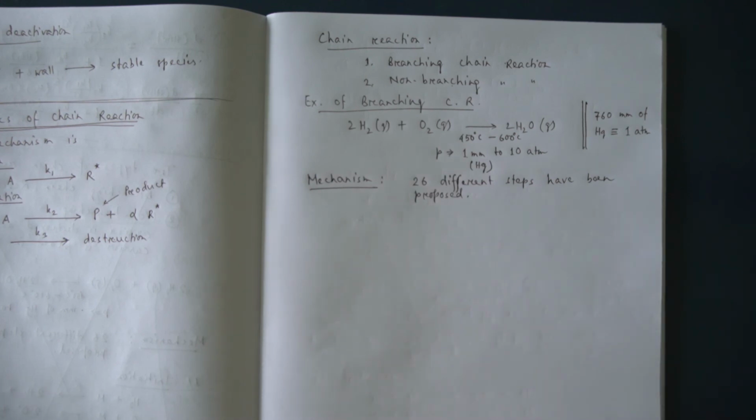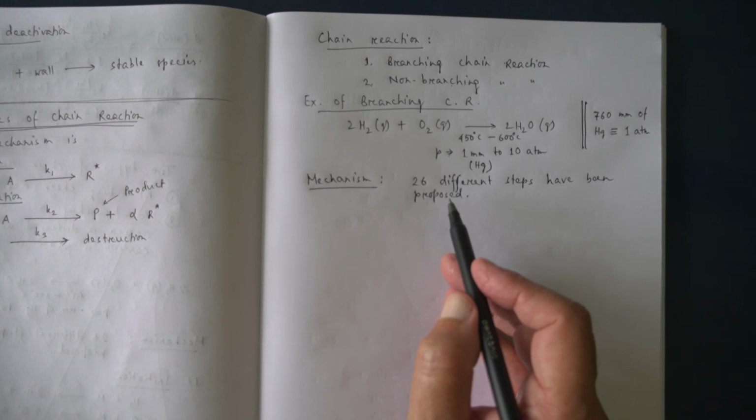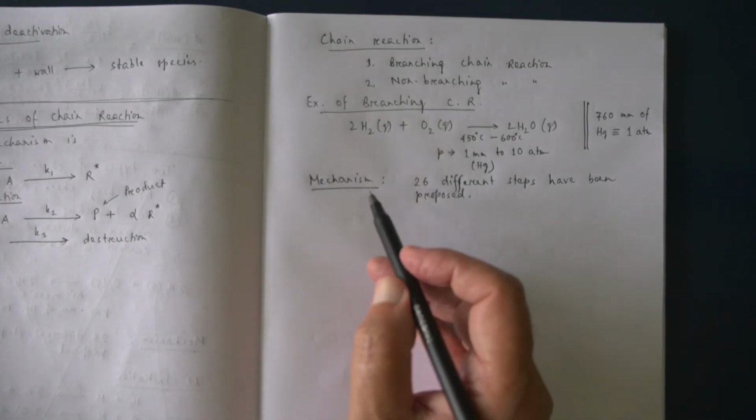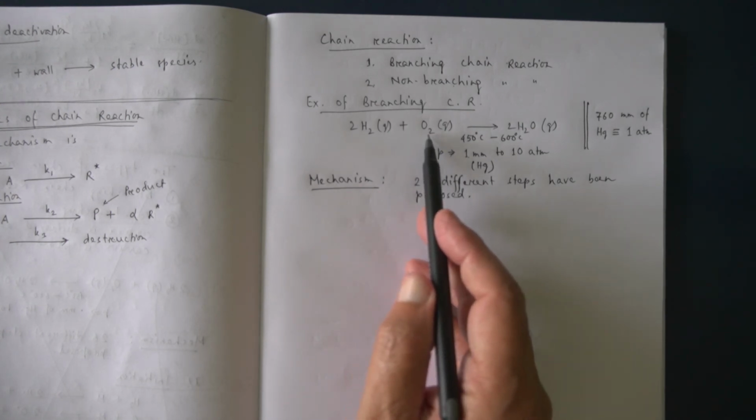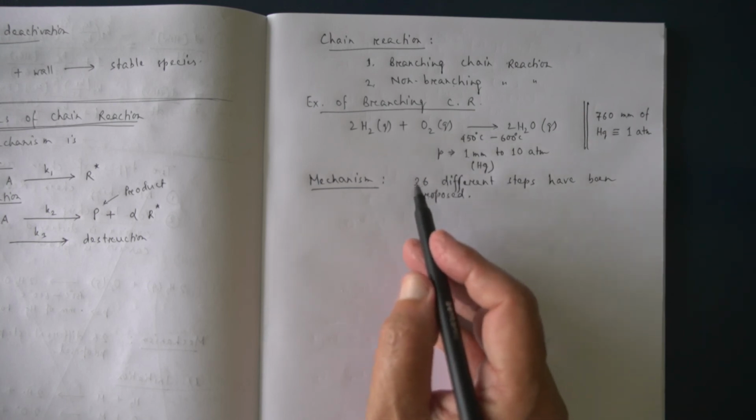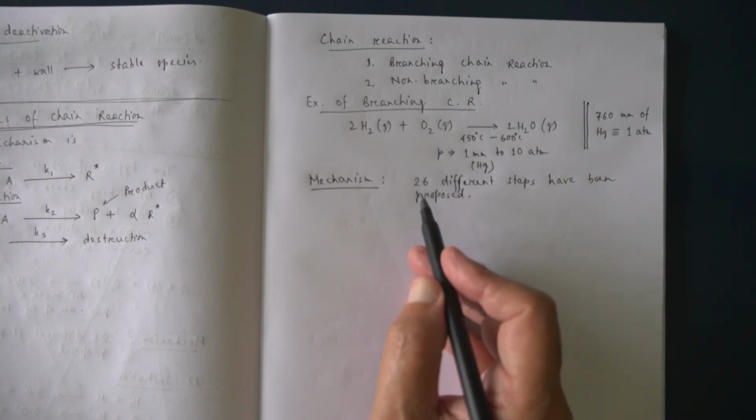I am not going to write all those steps, I will write only some steps. Now, this is a chain reaction, so it will consist of chain initiation, propagation, then termination.